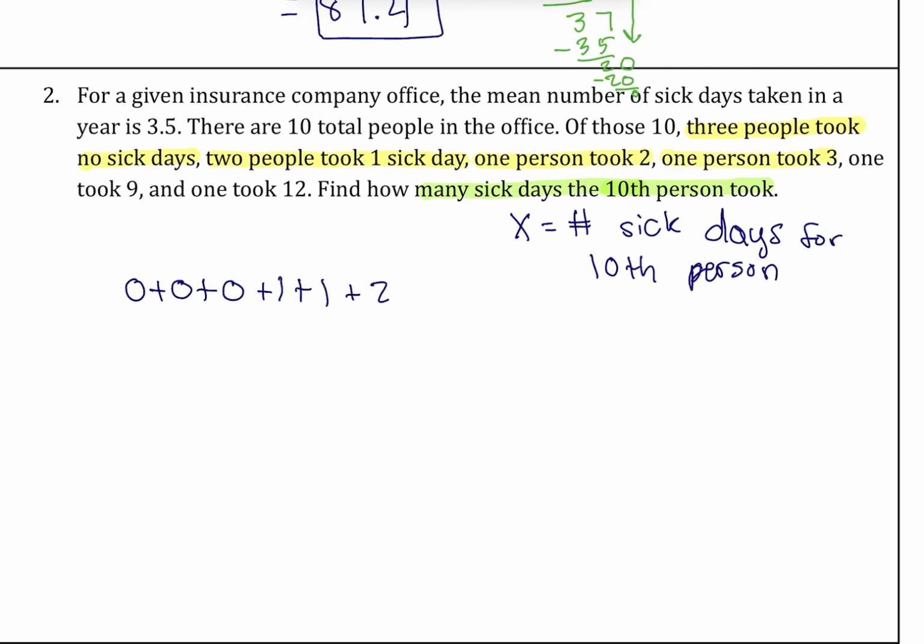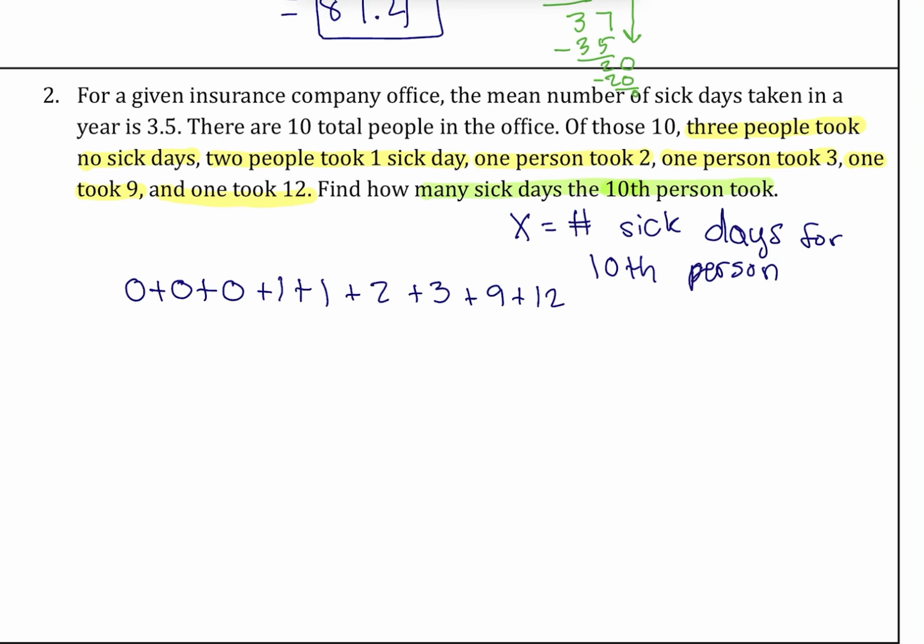1 person took 3, so we're going to add 1 3. 1 person took 9, so we're going to add 1 9. And then 1 person took 12, so we're going to add 1 12. Those are the first 9 people, right? We know how many sick days they took. We now need to add in the 10th person.